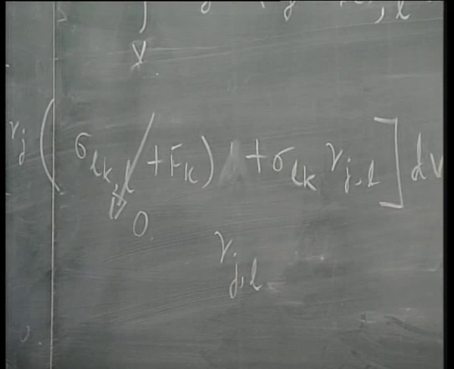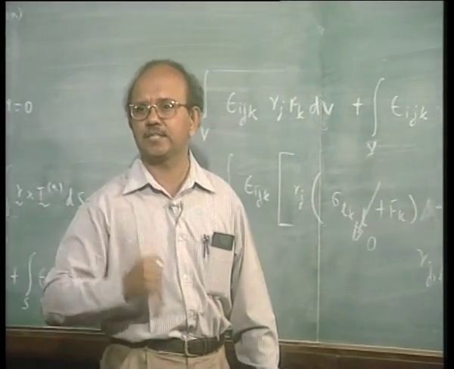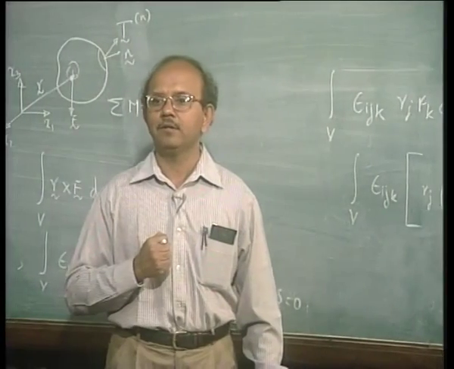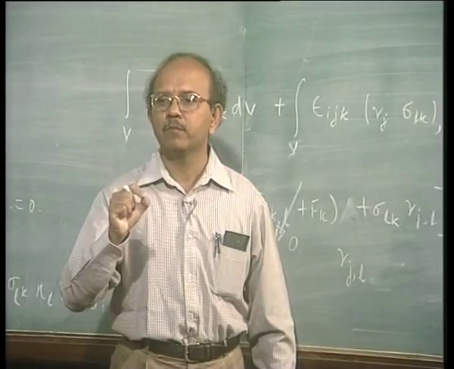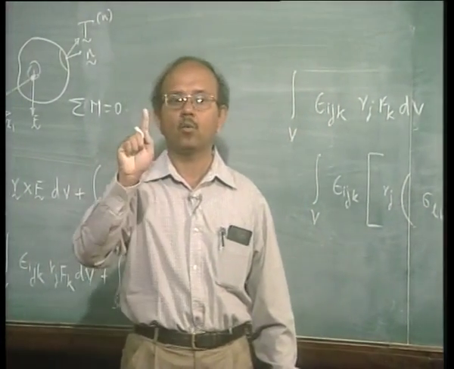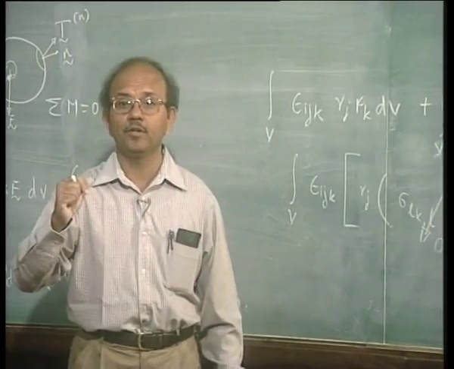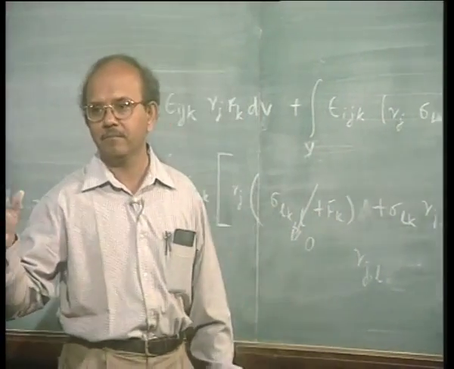Since r depends only upon the corresponding x, what will be dou r1 by dou x1? That will be 1, right? But dou r1 by dou x2 is 0, correct, because it is independent.